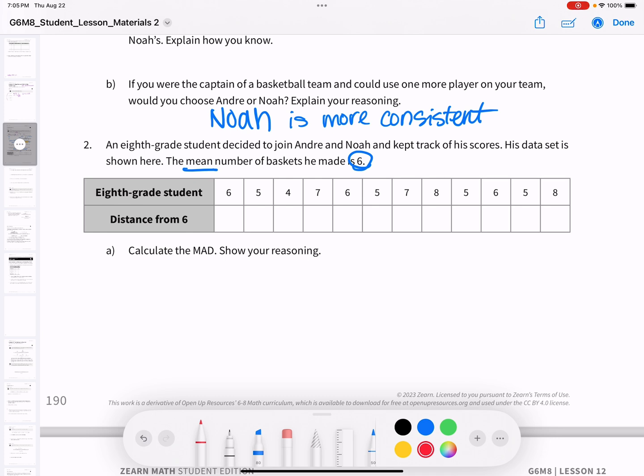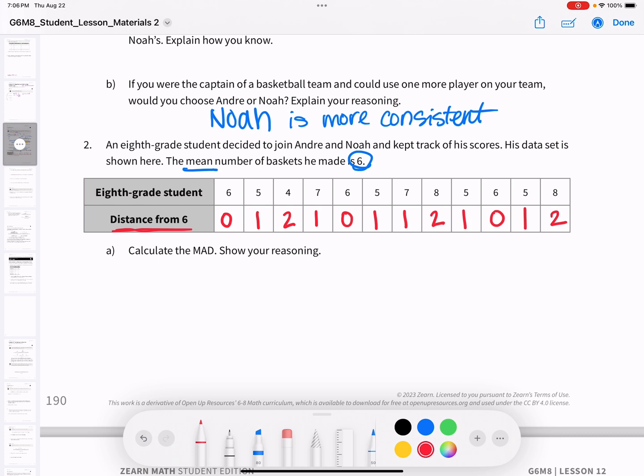So 6 is 0 away, 5 is 1 away, 4 is 2, 7 is 1 away from 6, 6 is 0 away from 6, 5 is 1, 7 is 1, 8 is 2, 5 is 1, 6 is 0, 5 is 1, 8 is 2. All right. Now, the way we calculate the MAD is to add up all of the distances from the mean and divide by the number that we have.